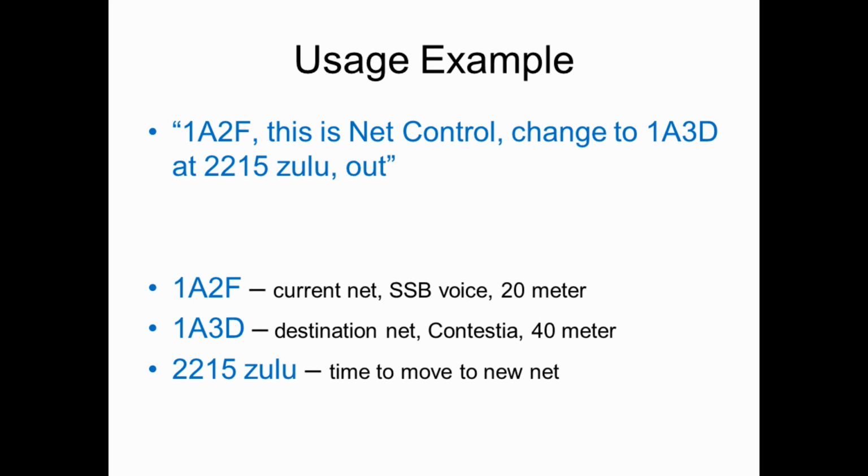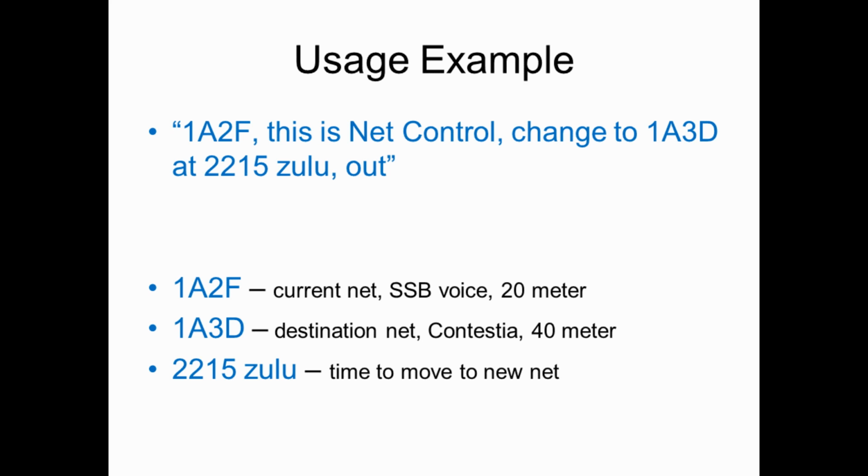The following example demonstrates how you can use the net naming schema to provide communication security. If I'm the net control station and I call 1 Alpha 2 Foxtrot, this is net control. Change to 1 Alpha 3 Delta at 2215 Zulu, out.